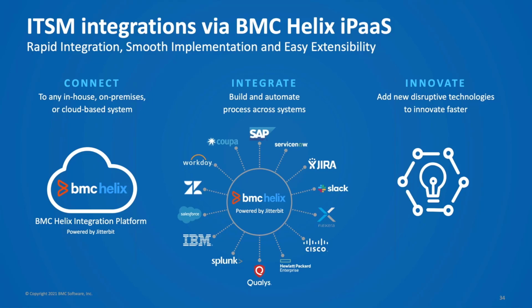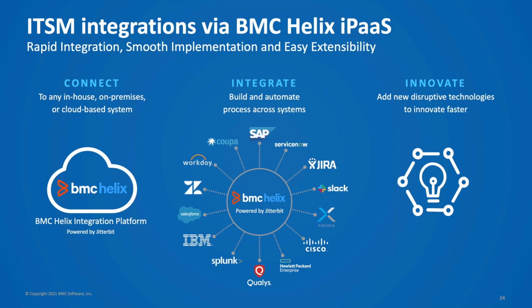So from that perspective, again, similar flow, similar use cases, but now powered by an iPaaS solution that has much wider integration options available, both to business solutions as well as to various IT solutions.